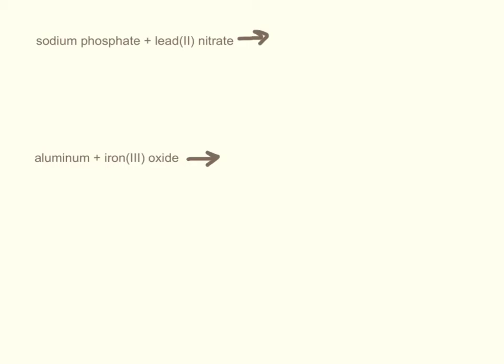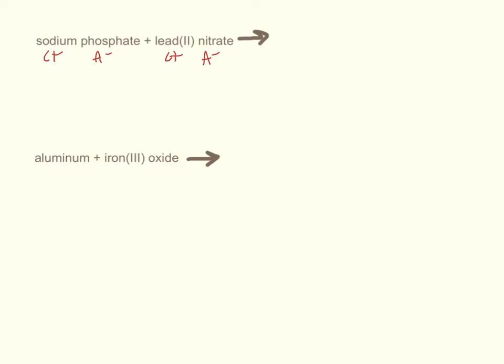So if I have sodium as my cation, phosphate as my anion, lead as lead-2 as the cation, and nitrate as the anion. Now, if you guys are able to do this, you don't have to write the cation and the anion. I'm just doing this to show how this works out. If you're good with it, don't write it.